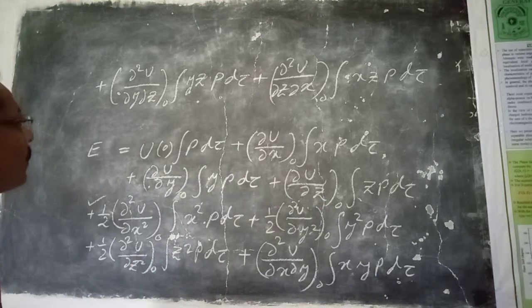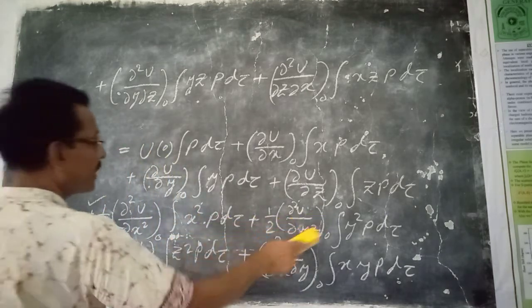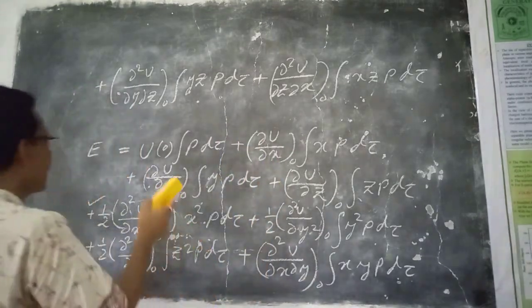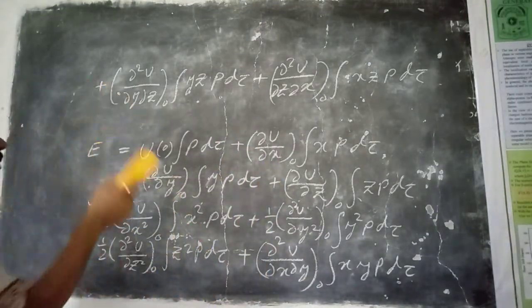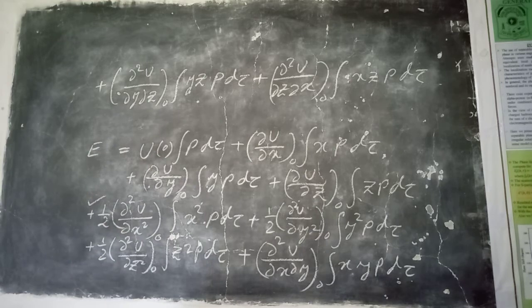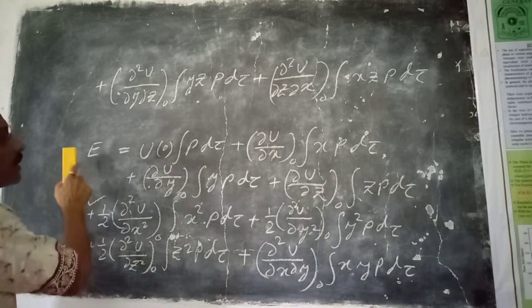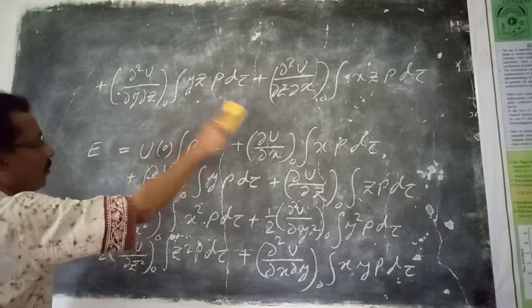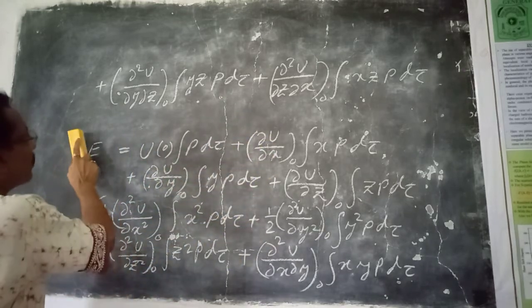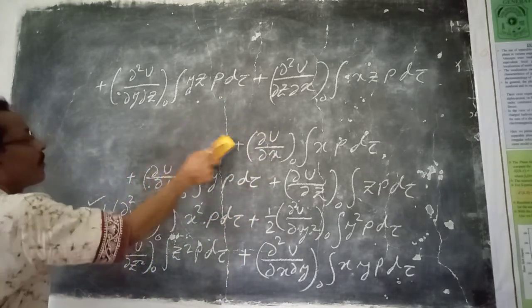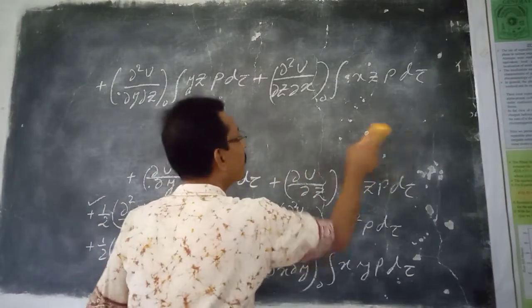If we consider the nucleus is an ellipsoid of revolution, not properly spherical, then out of these last 6 terms, one term is sufficient to calculate the electric quadrupole moment.